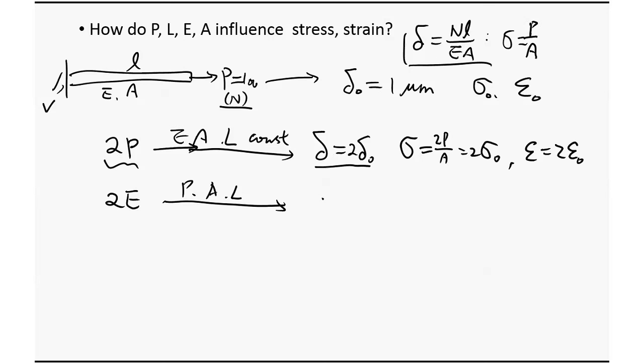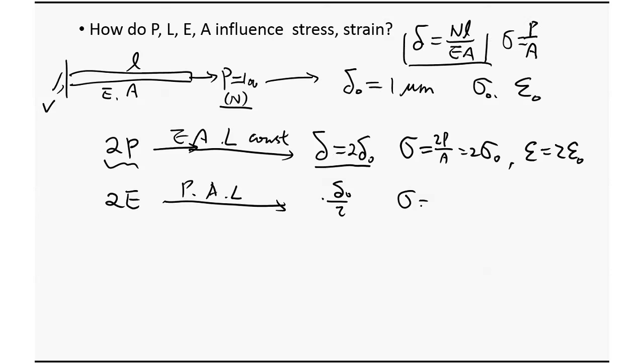Based on this equation, everything is the same, E is now twice, so the elongation will be half. So you have half delta 0. So you're pulling a stiffer material. Instead of pulling rubber, you're pulling steel, so your deformation will be less. Half.